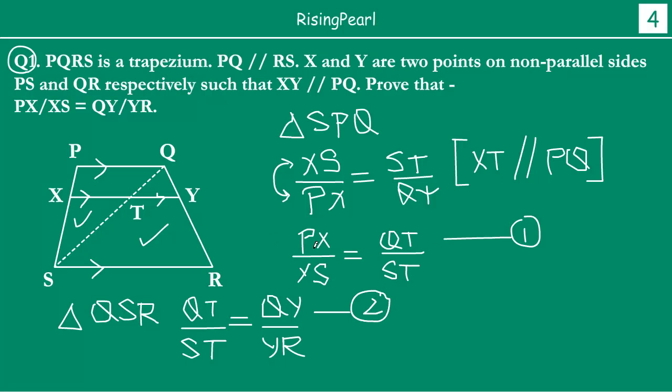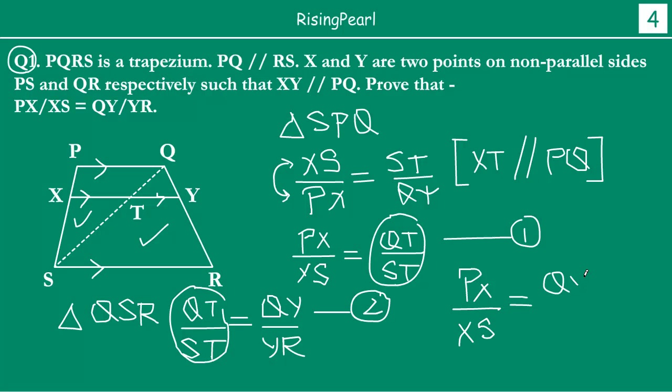If you look at this condition, PX by XS equal to QT by ST, and then from second condition QT by ST equal to QY by YR, you have this as a common ratio in both equations. That means all of these three ratios are same, and hence from 1 and 2 it implies that PX divided by XS is equal to QY divided by YR.